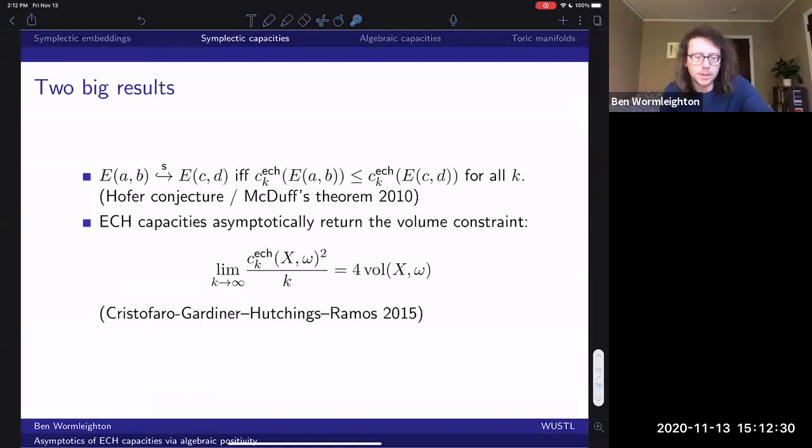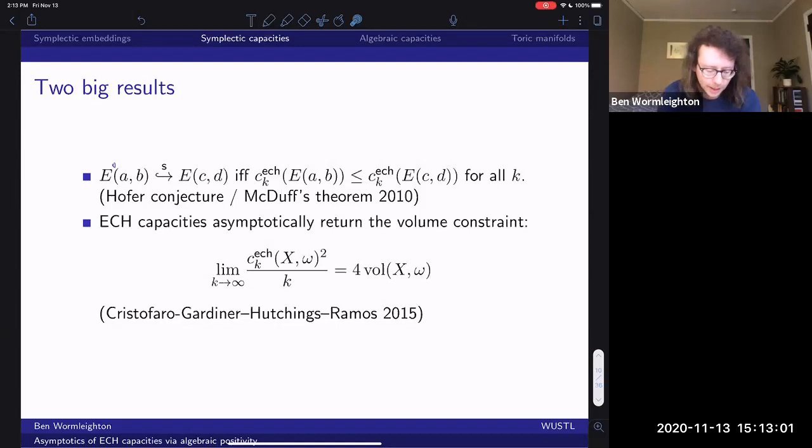So two big results, which I'm sure much of the audience is convinced of why ECH capacities are things worth studying or considering. The following was stated in different language, but the Hofer conjecture, which became a theorem of McDuff in 2010, is that actually these ECH capacities sharply obstruct ellipsoid embeddings.